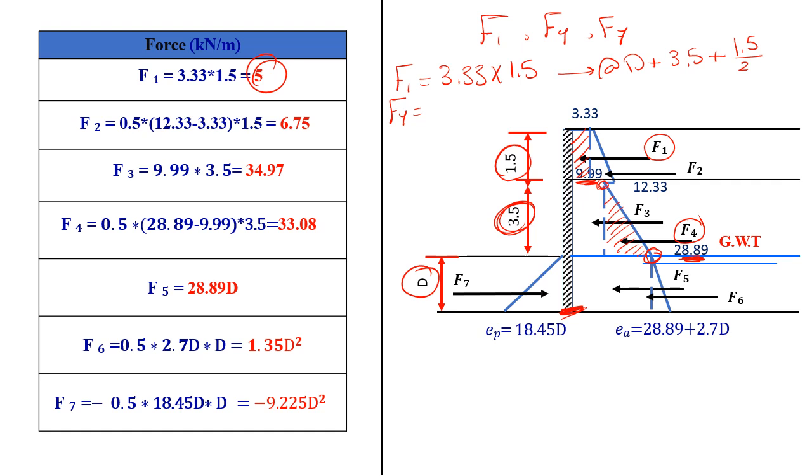So this base is equal to 28.89 minus 9.99. So my F4 should be 0.5 times the base times the height. My base is 28.89 minus 9.99, times the height, which is 3.5. What's the arm of this force? It will be your penetration depth plus 1/3 of the height of the triangle, which is 3.5 over 3.